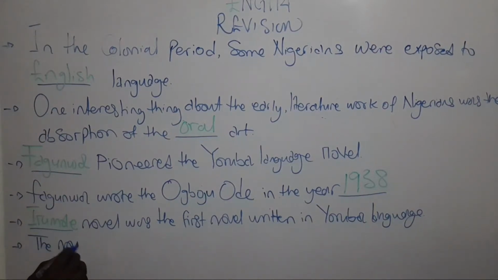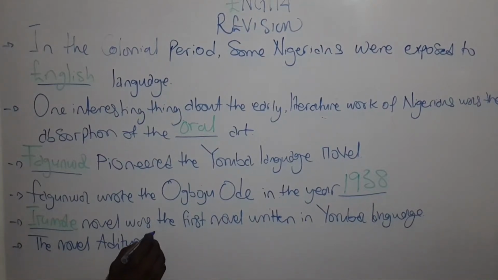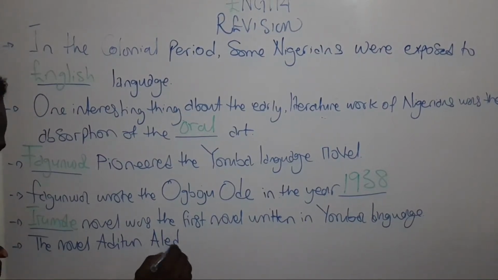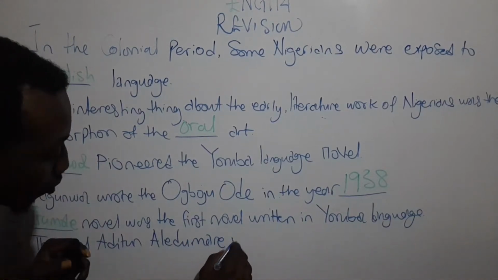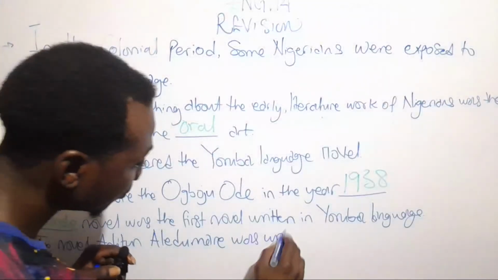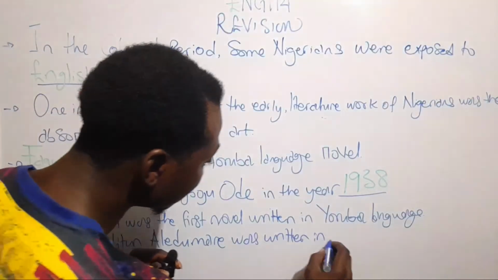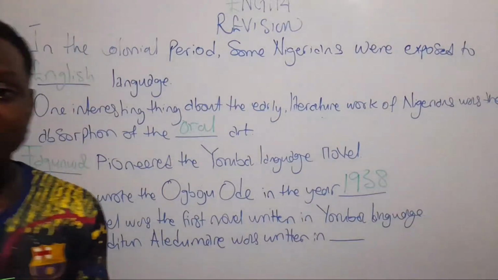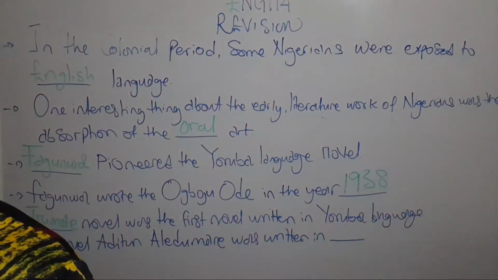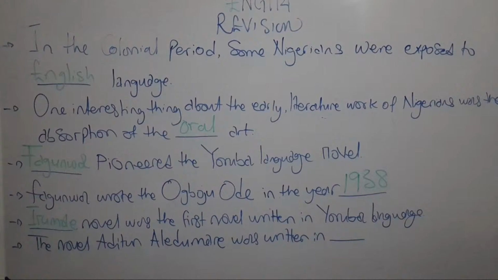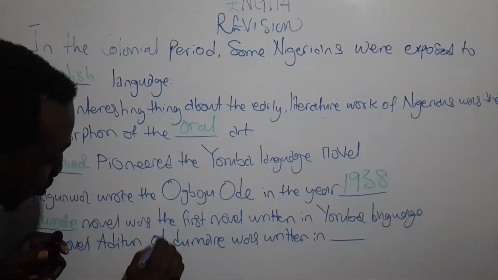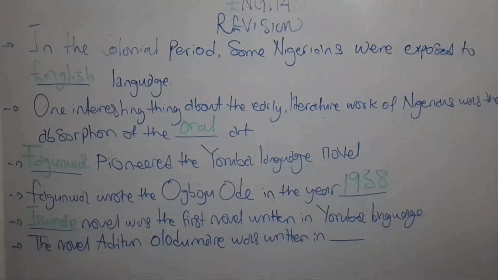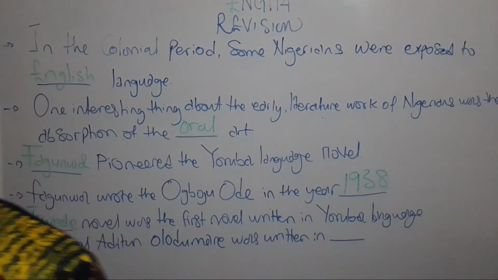The novel Aditun Olodumare, actually, not Eledumare, it was Olodumare, was written in dash year.